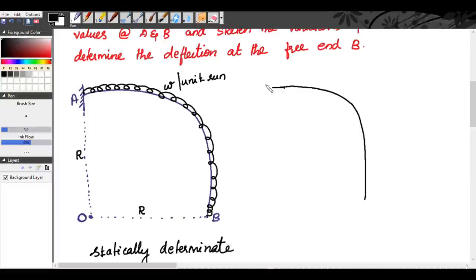Okay. So this is A, this is B. We can join this to O. Let this point be X, section X. At B, the shear force is 0, right? Now we will draw the shear force diagram. At B, shear force is 0.